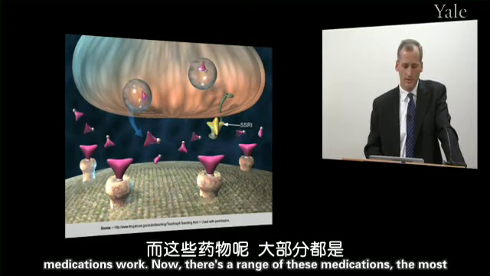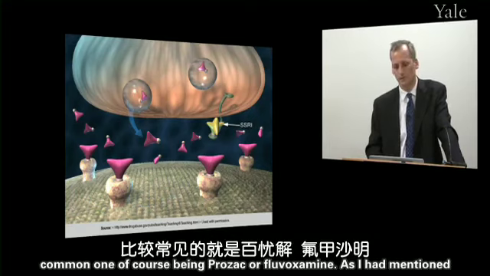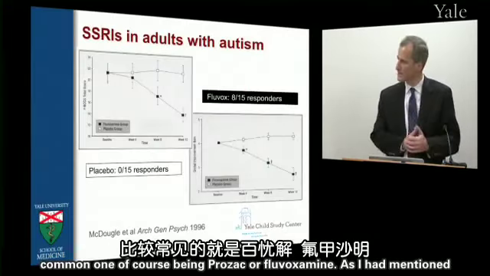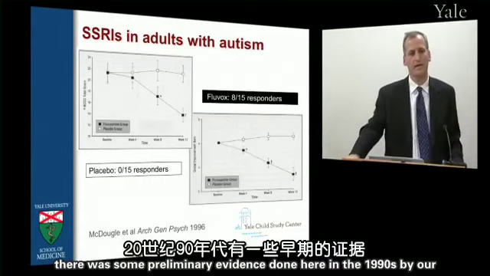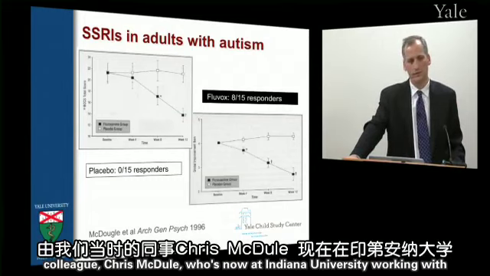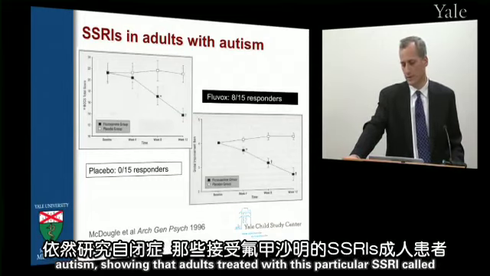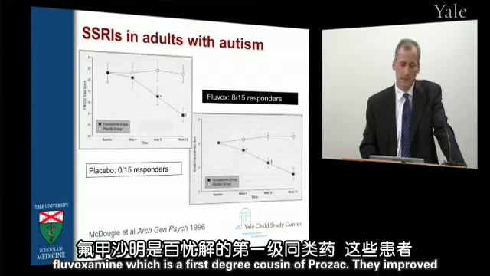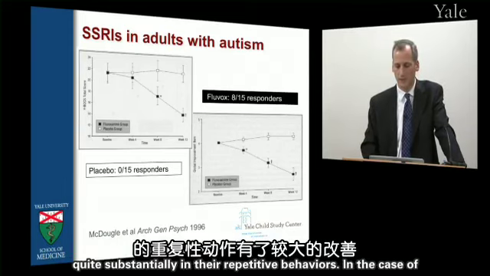Now, there's a range of these medications, the most common one, of course, being Prozac or fluoxetine. As I had mentioned, there was some preliminary evidence done here in the 1990s by our colleague Chris McDougle, who's now at Indiana University, working with adults with autism, showing that adults treated with this particular SSRI called fluvoxamine, which is a first-degree cousin of Prozac, improved quite substantially in their repetitive behaviors.